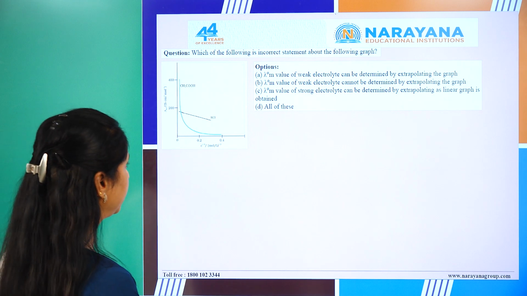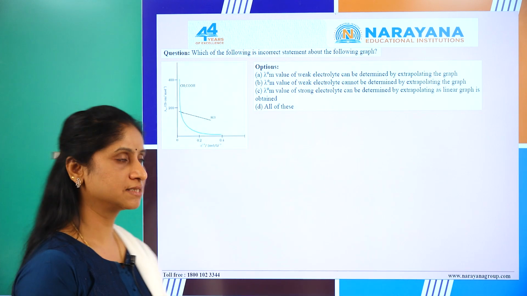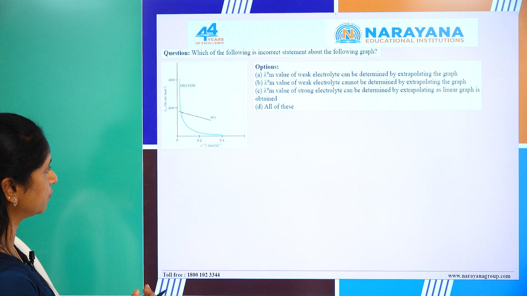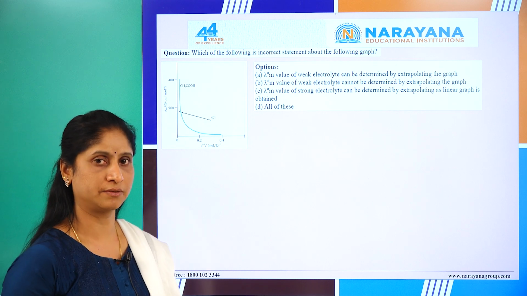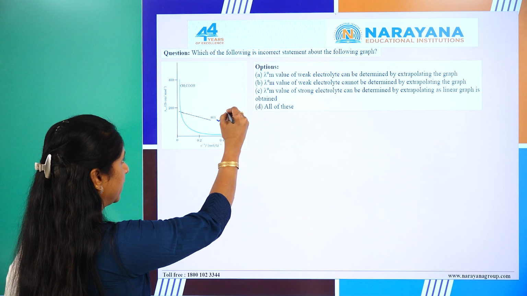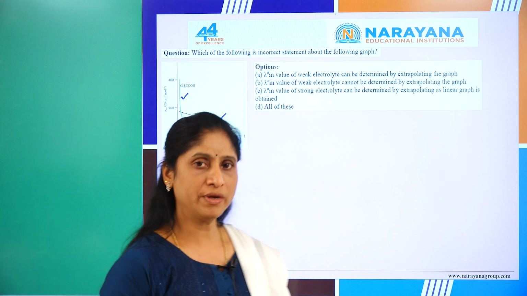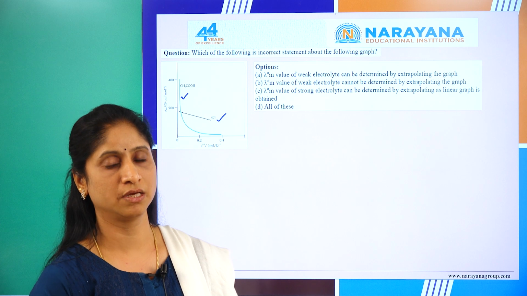It's a good theoretical question from electrochemistry on conductance. Observe, a graph is plotted of molar conductance versus square root of concentration. A conceptual question: KCl is a strong electrolyte, acetic acid a weak electrolyte. We apply the Debye-Huckel-Onsager equation.